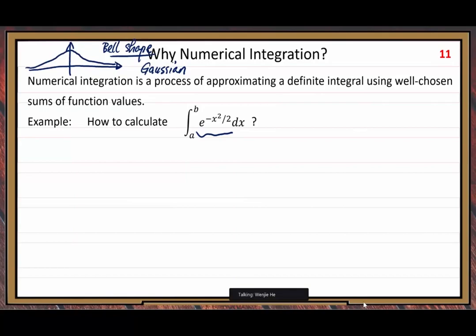In real-world situations, you have a lot of chances where you need to work on integrals like this one. You have some nice functions, but when you need to calculate the integral, it is extremely hard.